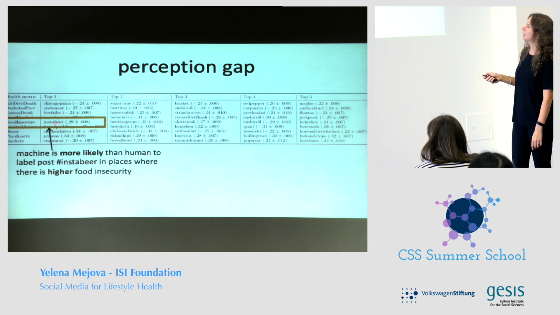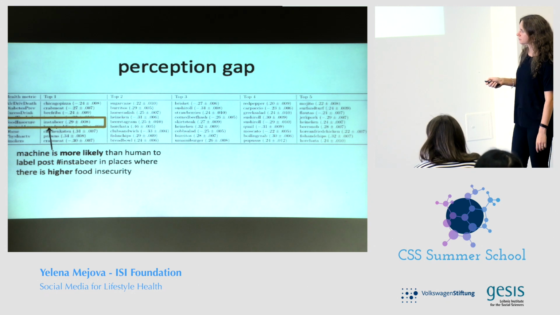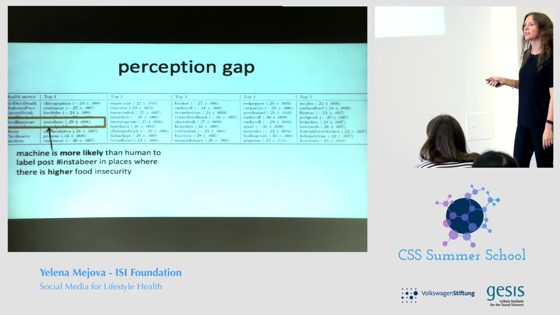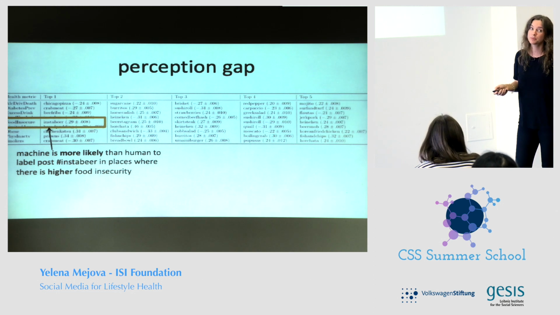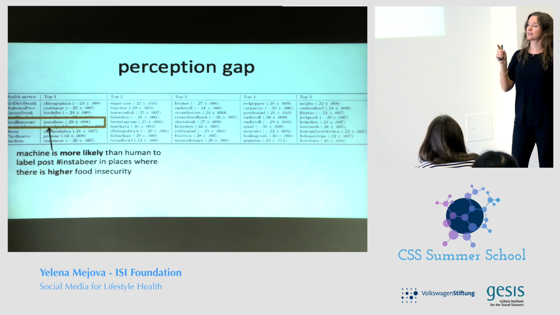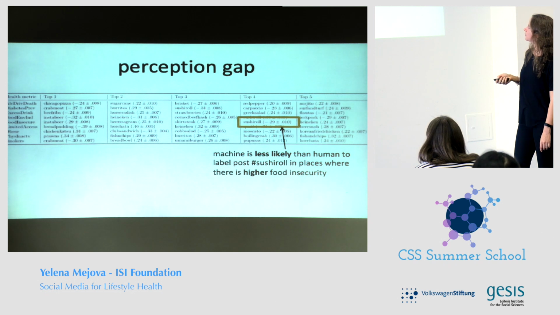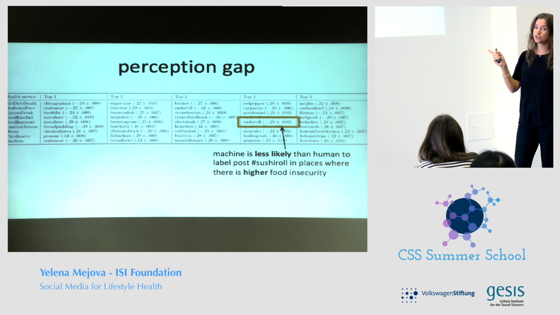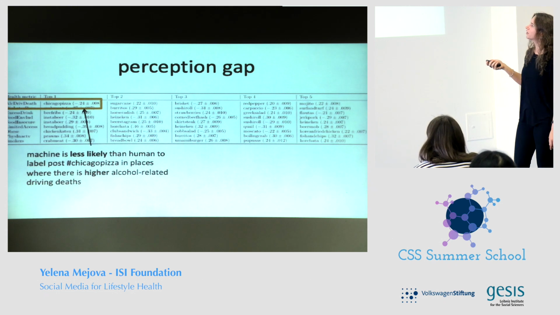The machine will actually find beer in your posts. So maybe you don't want to admit that you're drinking, but the machine sees that you're drinking. And we see it actually later with alcohol. There's the negative relationship with sushi. Maybe you'd like to claim you're having sushi, but the machine's not seeing it. And other things like that.